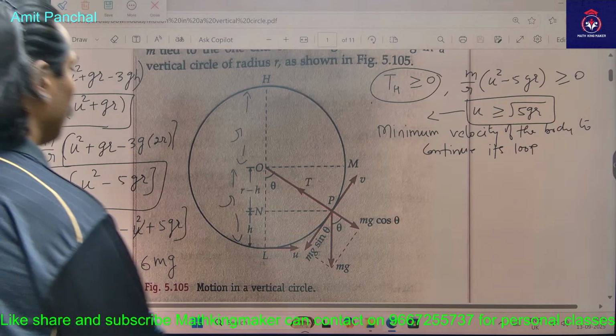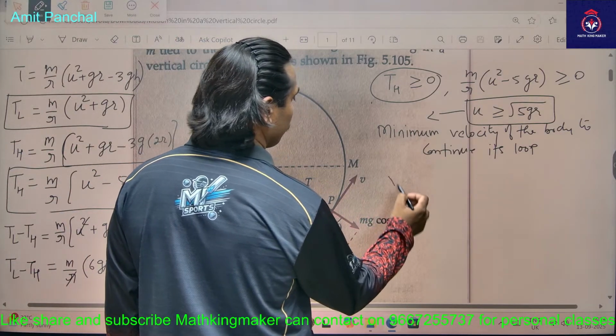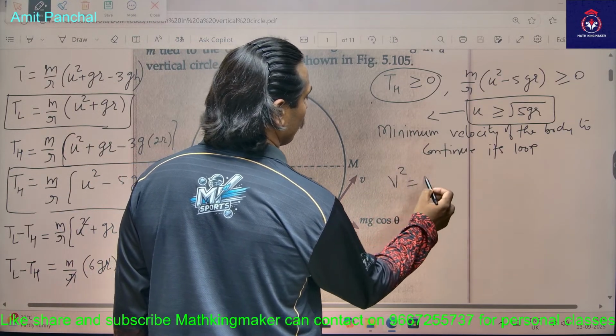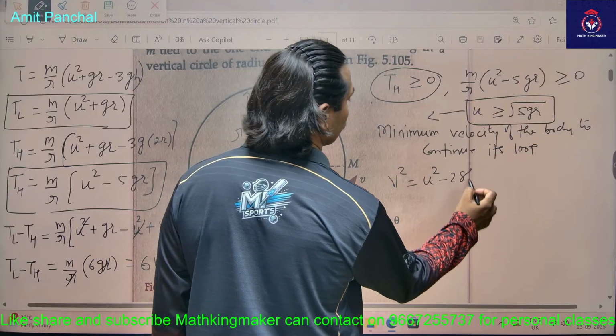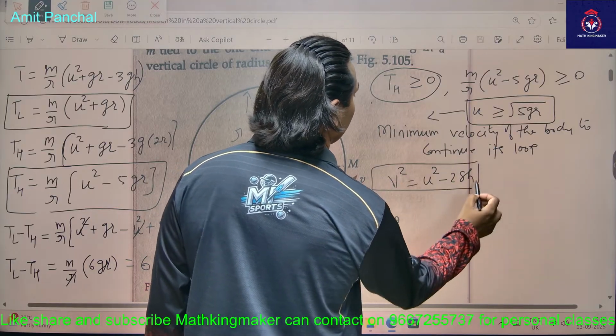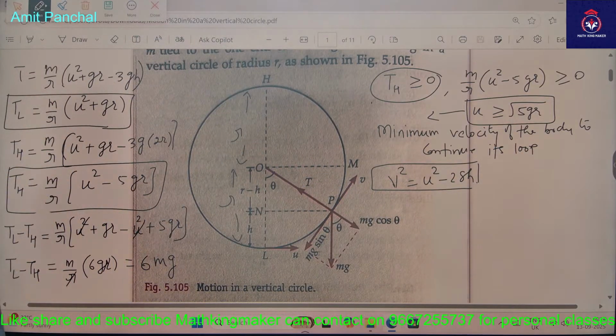Now you know we had previously v square equal to u square minus 2gh. That gives you the velocity at any point. So what will be the minimum velocity at the top?